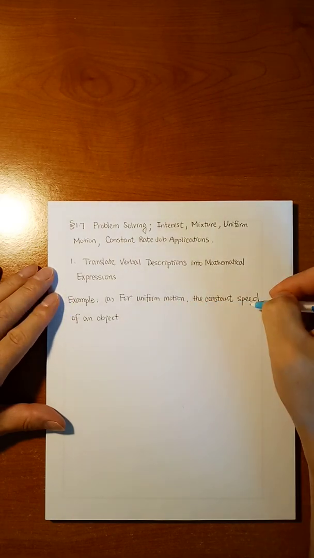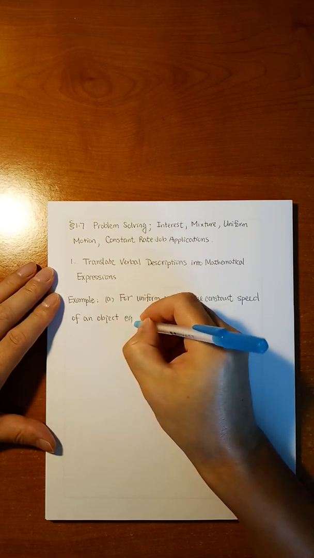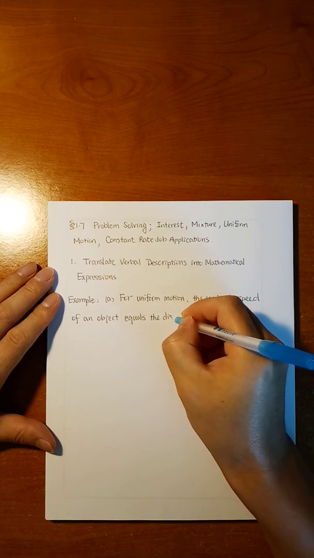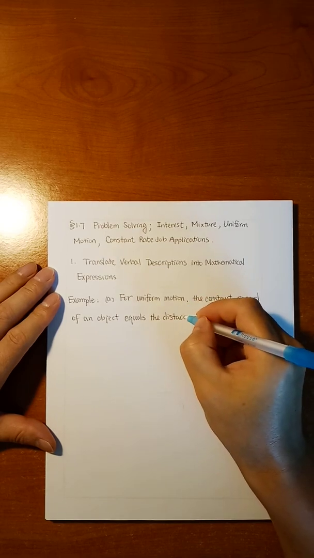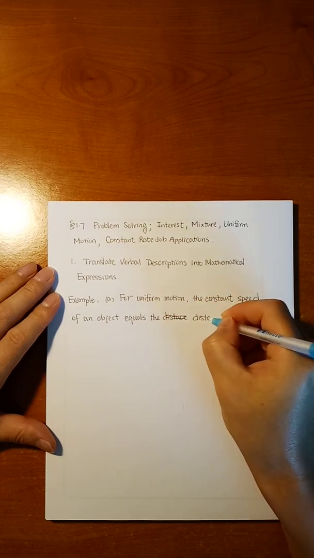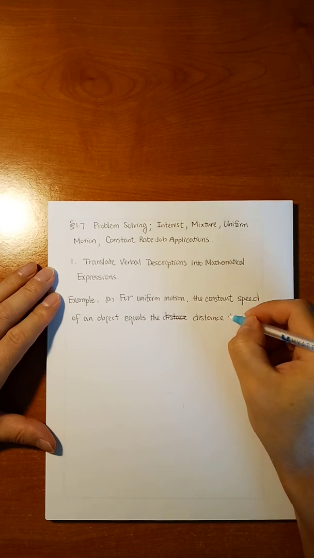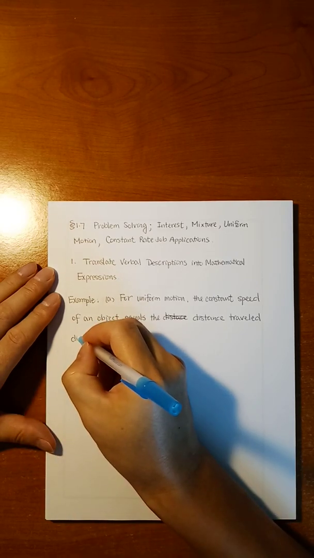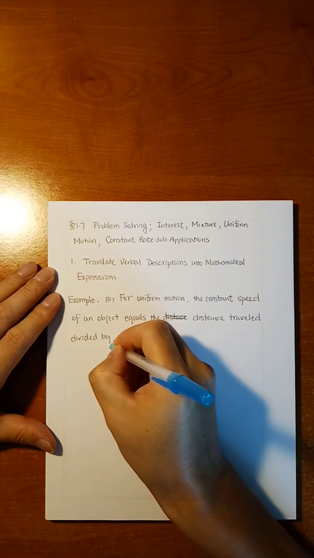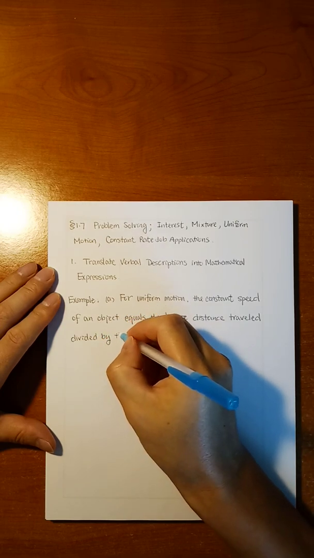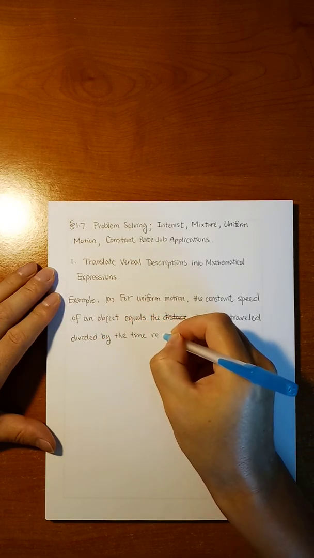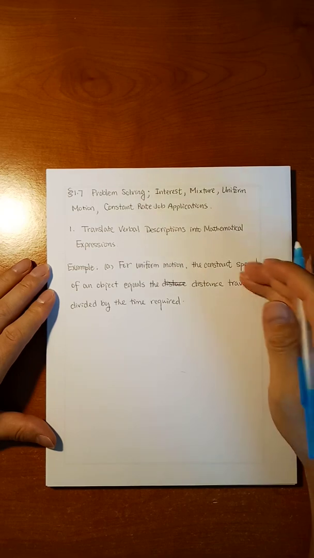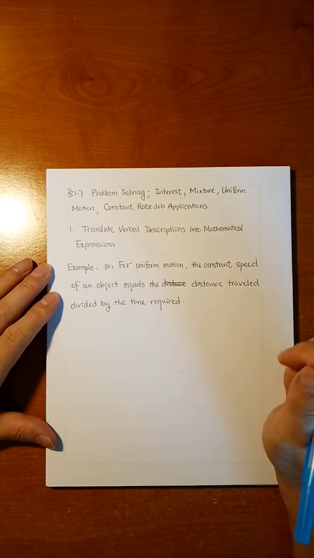So the constant speed of an object equals the distance traveled divided by the time required. Okay, so that's the relation between the constant speed, total distance, and the required time.